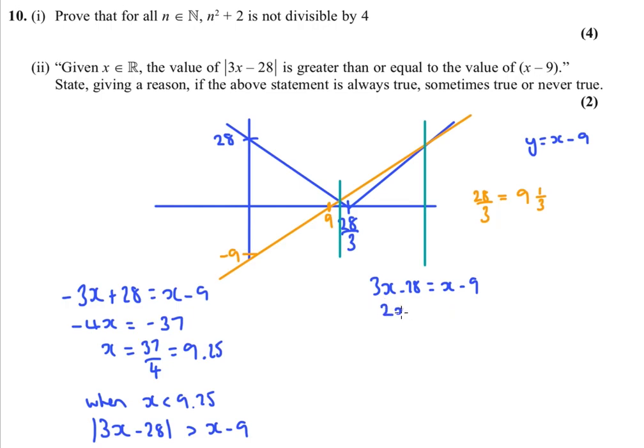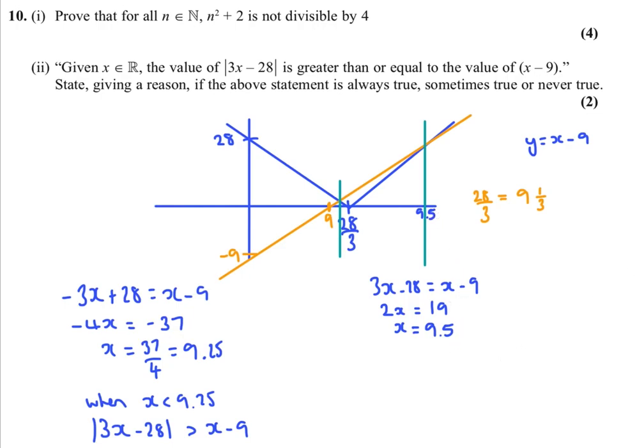So that's going to be 2x equals, no, it's going to be minus 9 plus 28, so that's 19, sorry. 19 over 2 is 9.5. So the graph's really inaccurate, but what's important is that this value is 9.5.